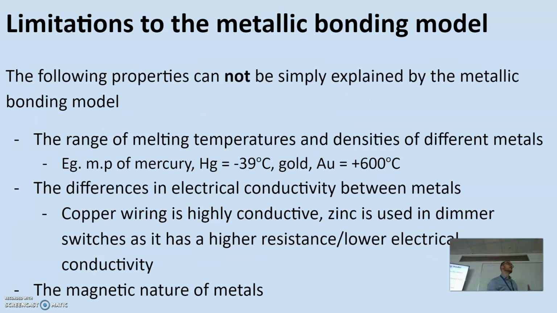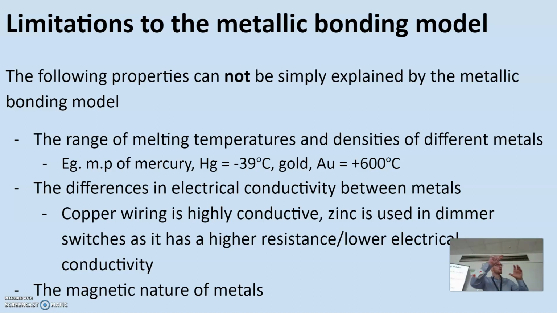The limitations are that using the model, we can't explain the variability of the different properties. So we can't explain why mercury has such a low melting point compared to other metals that are really high. We can't explain the differences in conductivity. So zinc is a fairly poor conductor, and zinc's actually used in dimmer switches.